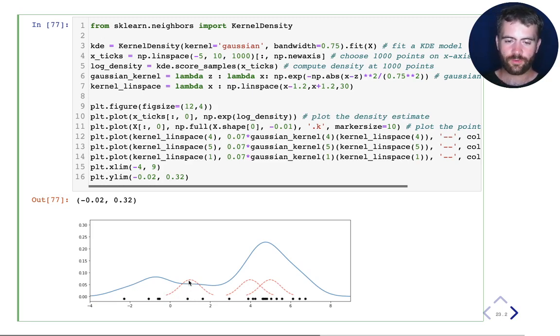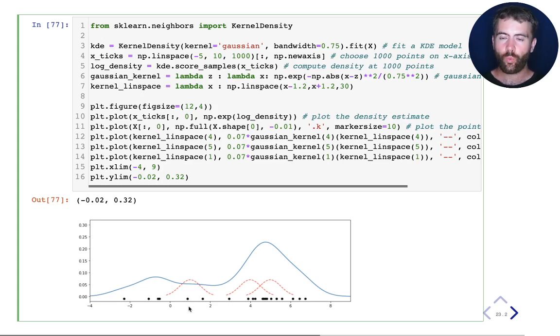So here I have taken a kernel at this location on the x-axis, and this is simply the value of the kernel at this location.